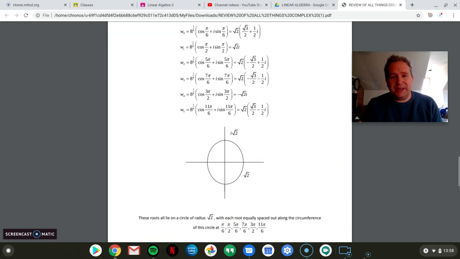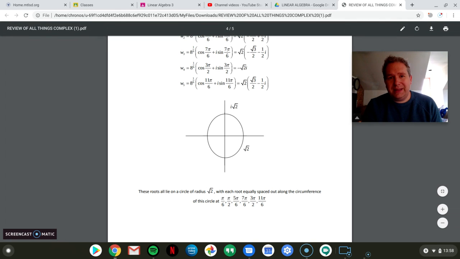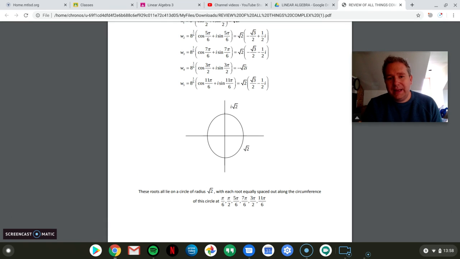This is just to show you that each of these angles you're using is evenly spaced. This has a modulus of the square root of 2, or 8 to the 1/6 power. And so you've got pi over 6, 3 pi over 6, so you're adding 2 pi over 6 every time: 5 pi over 6, 7 pi over 6, 9 pi over 6, 11 pi over 6.